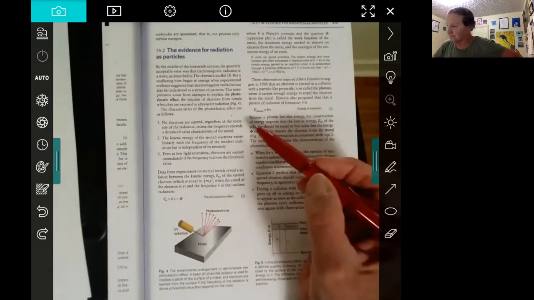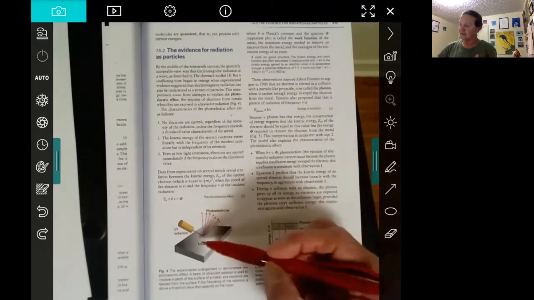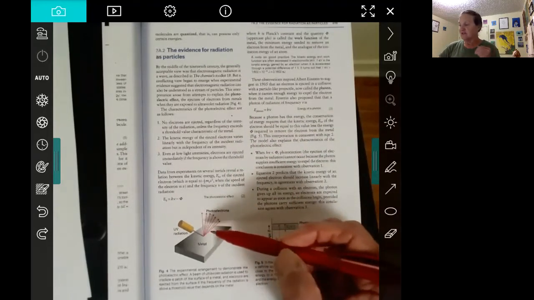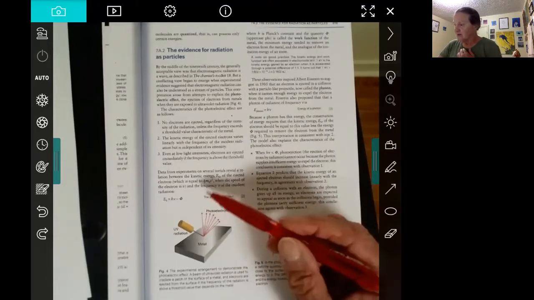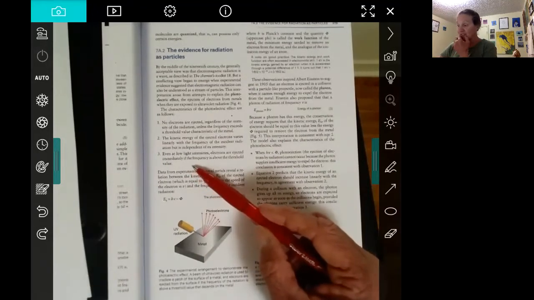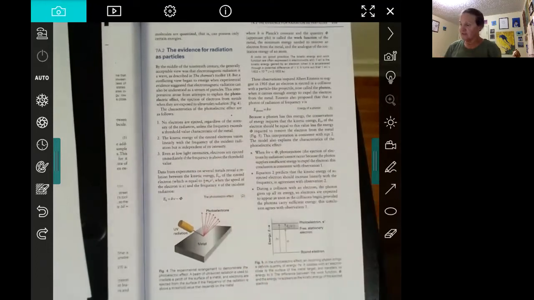Then you hit that threshold and electrons are emitted, and their kinetic energy increases as you increase the frequency. Even at low intensities, you'll still get electrons. Once you're above that threshold, you get electrons. You get fewer of them at lower intensity, but the intensity doesn't matter.